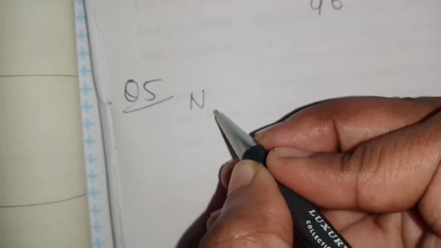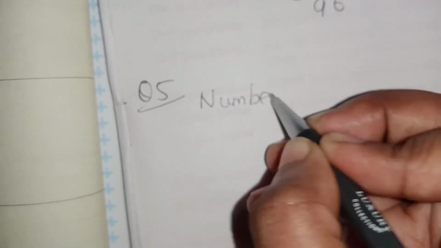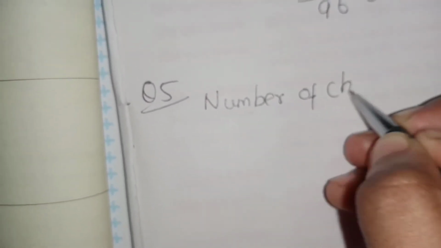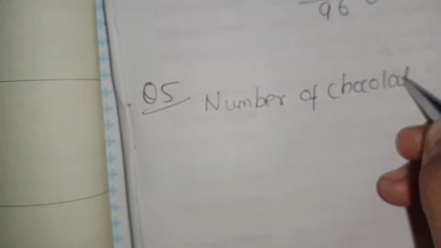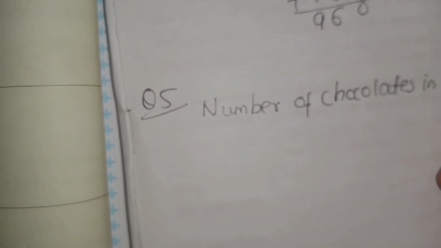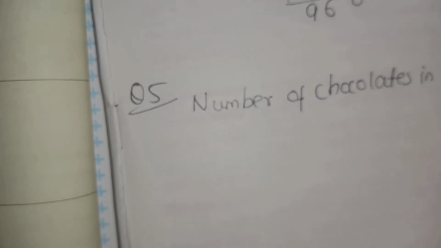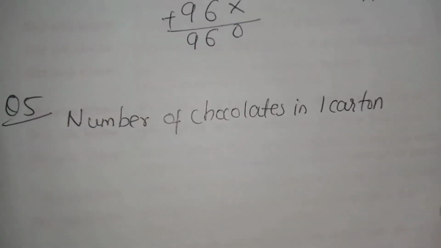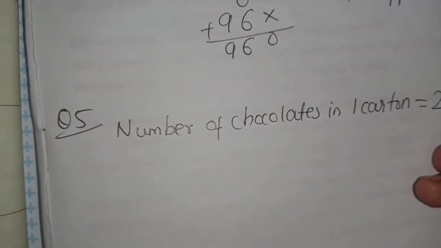So now let's write the number of chocolates in one carton. The number of chocolates in one carton is how much? It is 24.